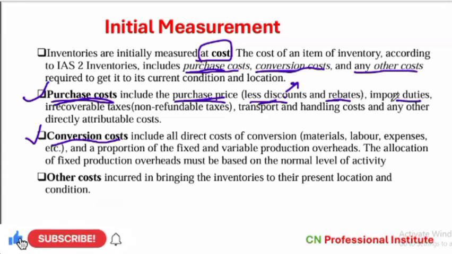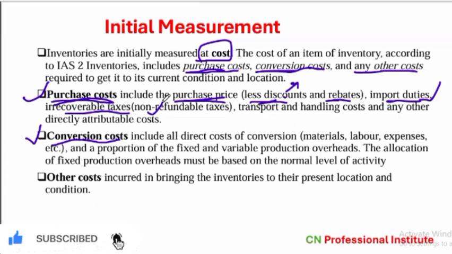Then we also have import duties. We add them. Irrecoverable taxes or non-refundable taxes are also added. What do we mean by non-refundable taxes? As the name implies, there are taxes that cannot be recovered after we pay for them. Or after they've been paid, we cannot get them back.